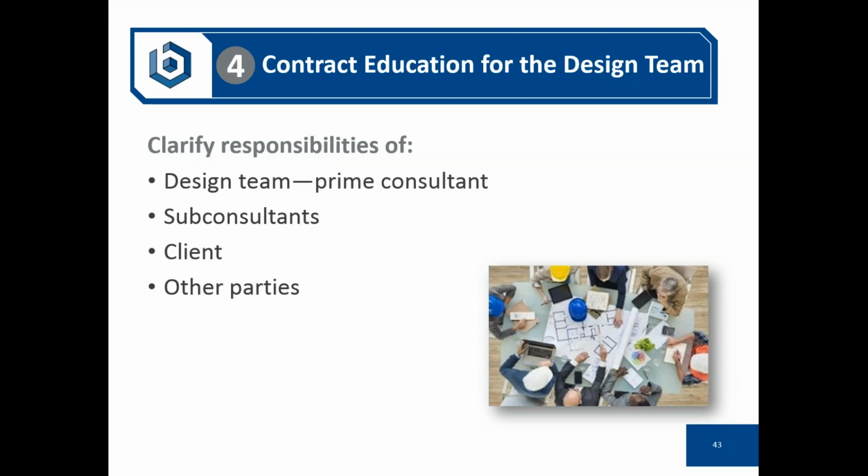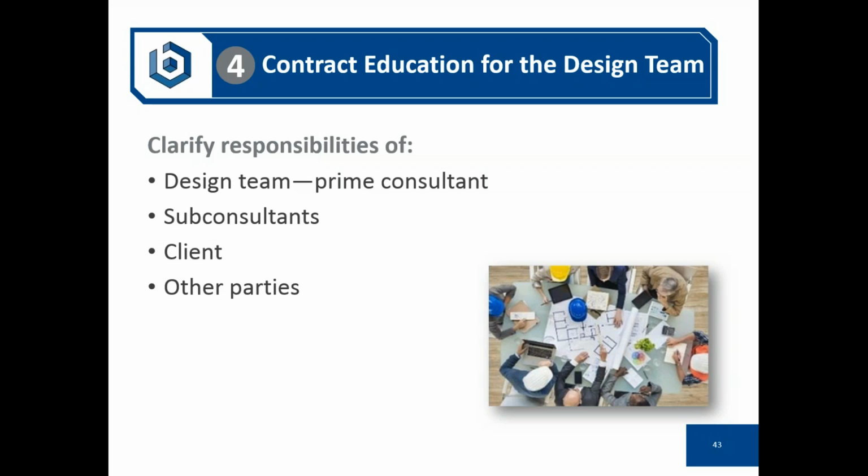Make sure that they understand, hey, this is a team sport. You've got people in your firm that can help you, but moreover, you've got to hold your consultants accountable and get them involved when there's a situation during construction that they should be involved in.